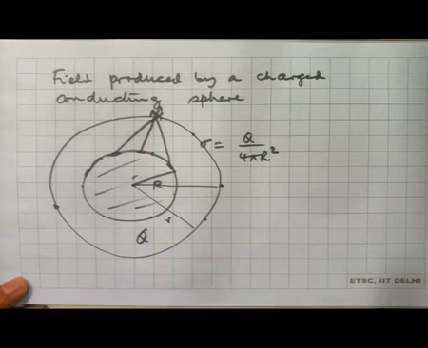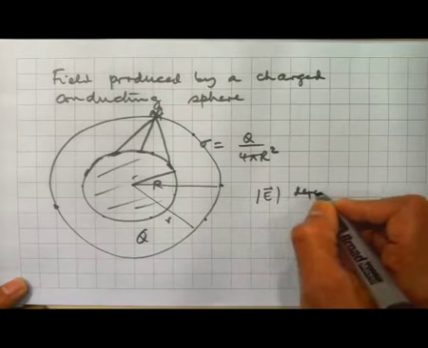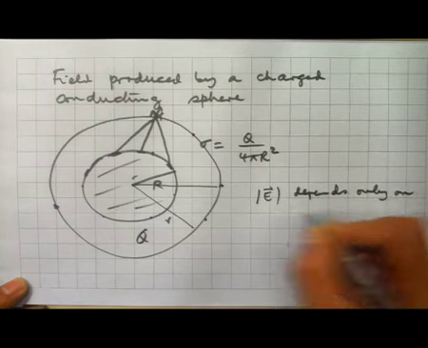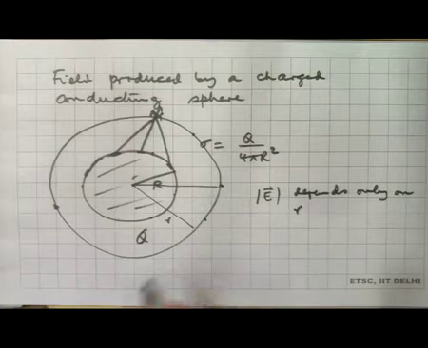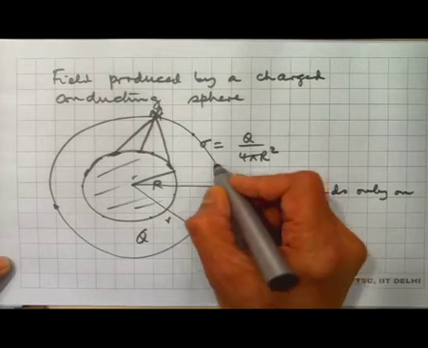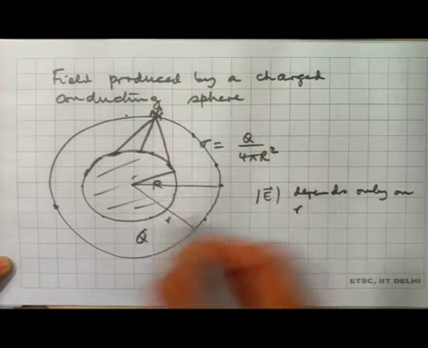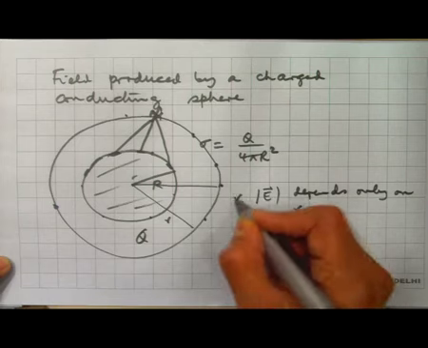So, first thing I notice is that the electric field magnitude depends only on r. It cannot depend on the position around the sphere. It will not change as I change my position from here to here to here, keeping the distance from the center constant; the electric field magnitude will remain the same. So, that is the first information I have got.